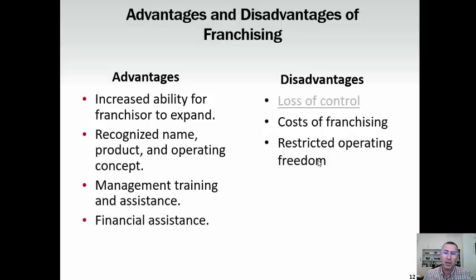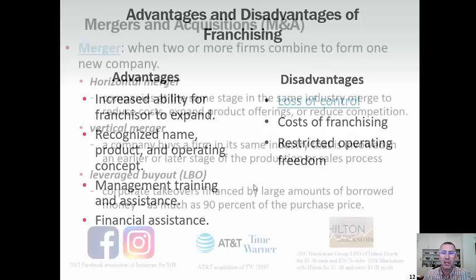The UPS Store is actually one of the fast-growing franchises in the United States. My understanding is it's another one with lower overhead and fast growth in the number of franchises opening. And again, restricted operating freedom. I just talked about that.